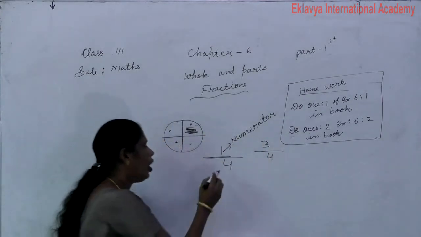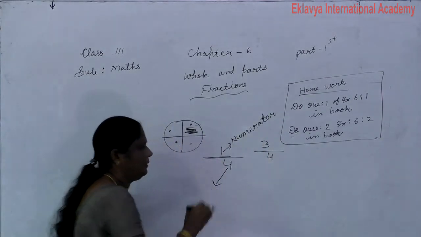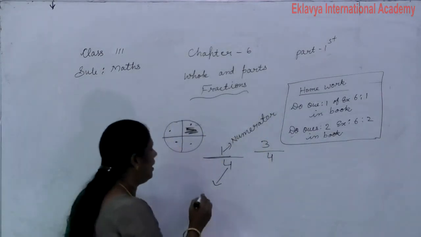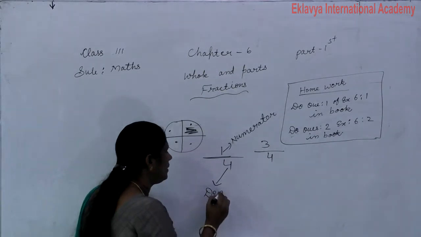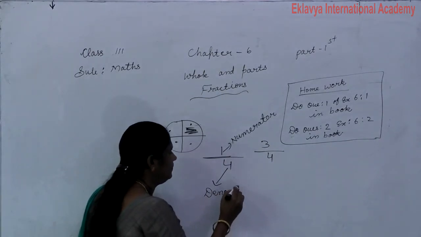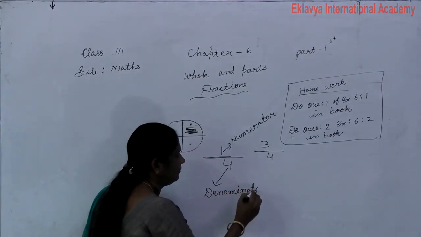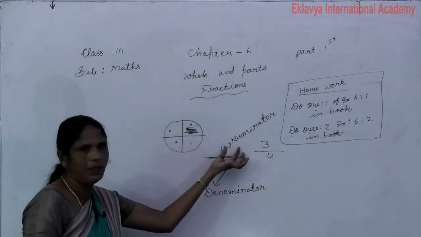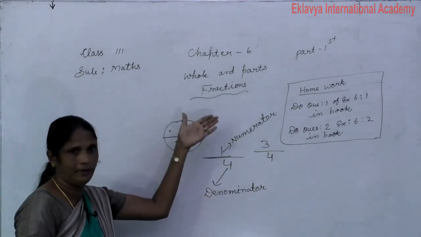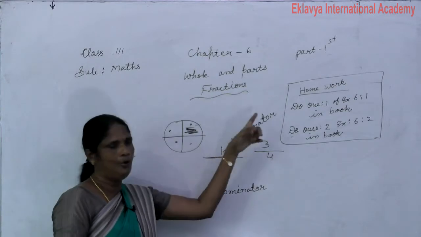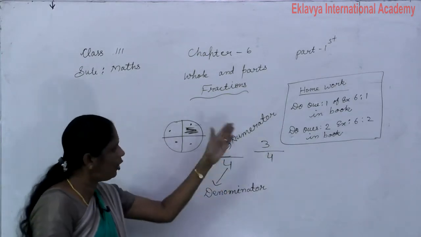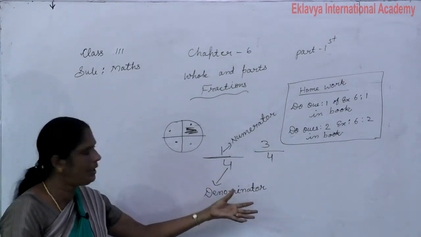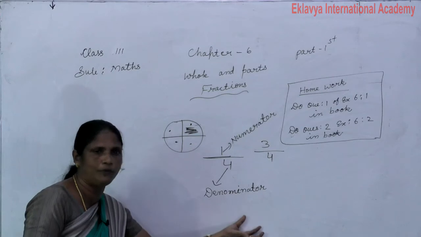Then the bottom of this number we call the denominator. The top of the number, above the line, is called the numerator. Below the line is called the denominator, that is the bottom.